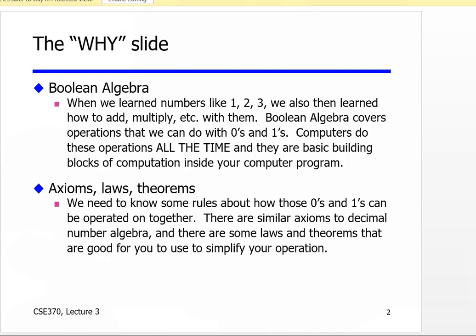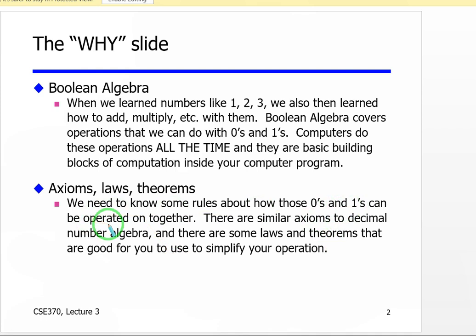We study numbers like 1, 2, 3, 4, 5, 6, and we know we can perform operations on them like add, multiply, subtract, divide, etc. In the same way, in Boolean algebra the numbers are 0 and 1, and we have operators for how a computer can add, subtract, multiply and divide. For the axioms, laws or theorems, we need to know some rules about how those 0 and 1 can be operated on together.